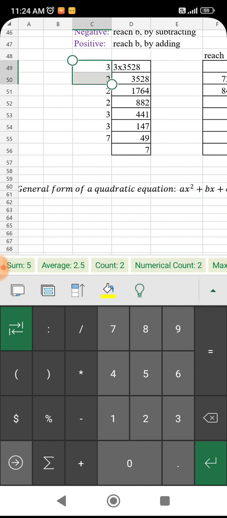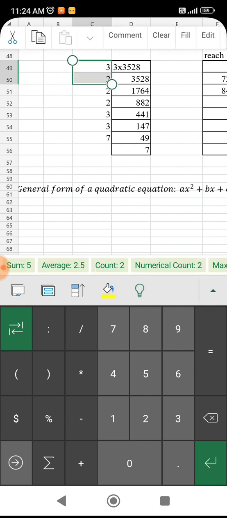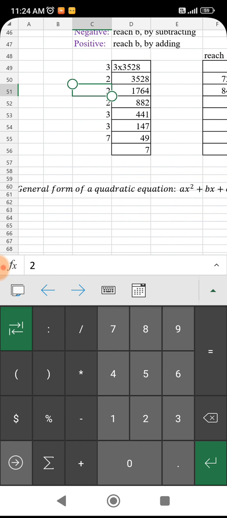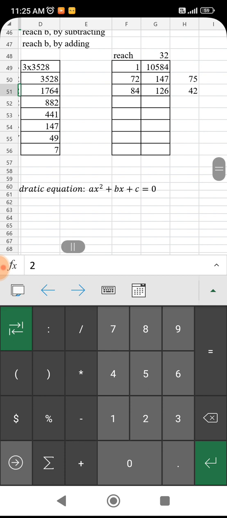That means 54. 54 into 2 means 108. So it will become 108.